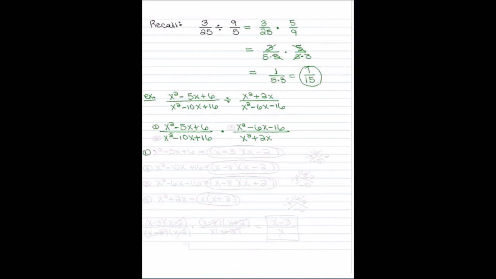So I have number 1, x squared minus 5x plus 6. And with this one, I need to find 2 numbers that multiply to get positive 6, but add to get negative 5. And that is negative 3 and negative 2.